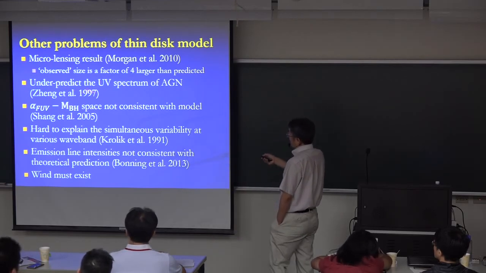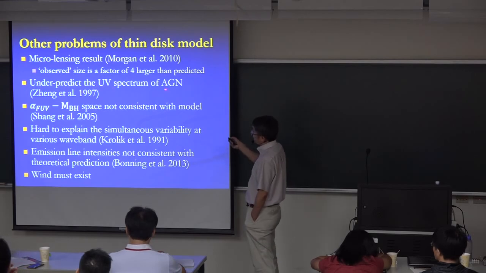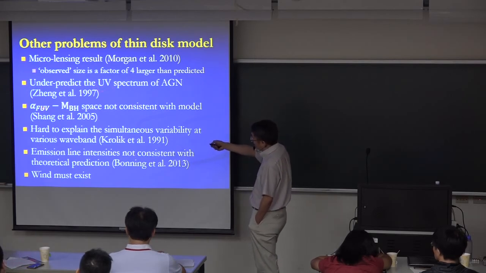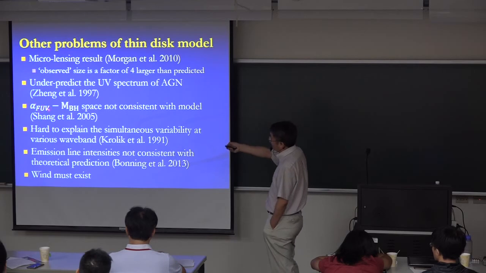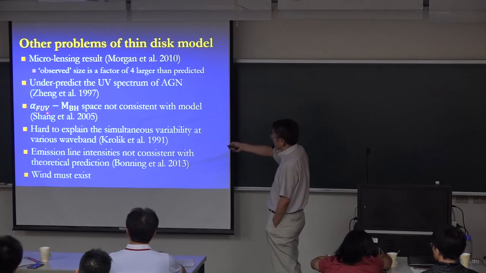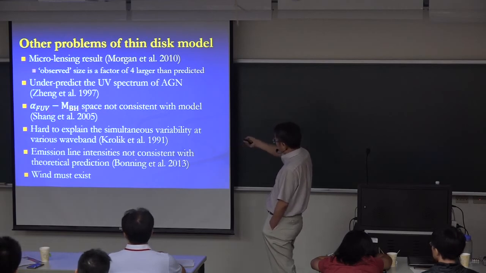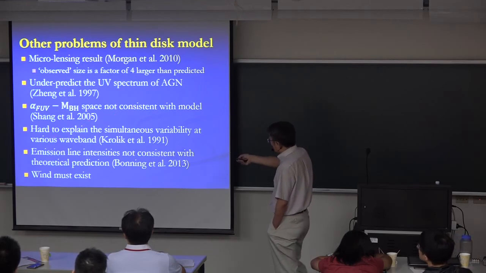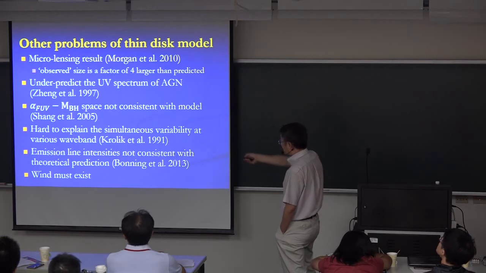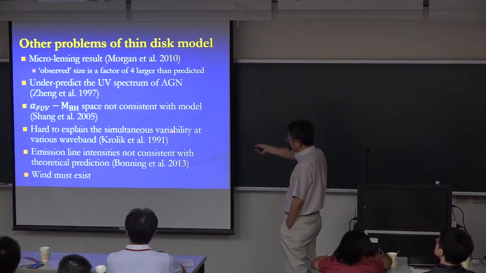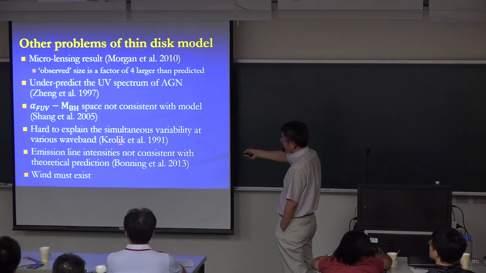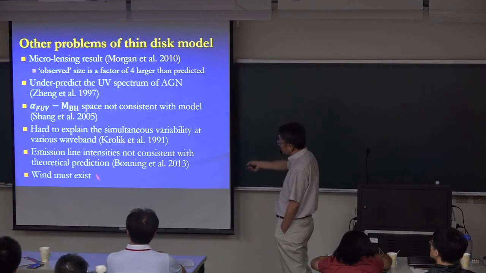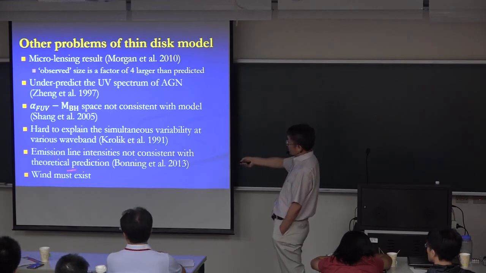Another problem is that it underpredicts the UV spectrum of AGN. And also, this is the spectral index between FUV and X-ray, and this is black hole mass. It is also not considered in the model. For some details, we can check this paper. Another one is that it is hard to explain the simultaneous variability at different wavelengths. And finally, wind must exist.